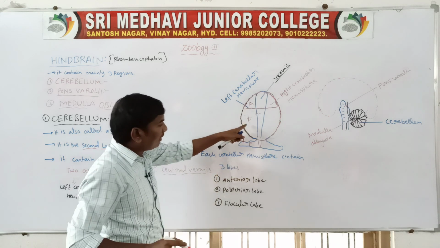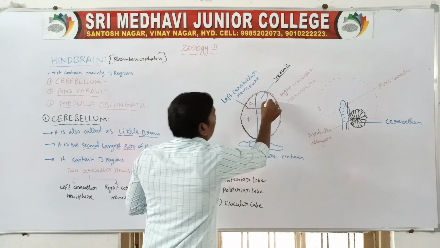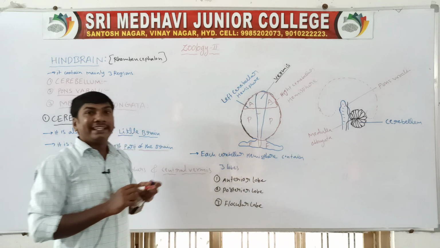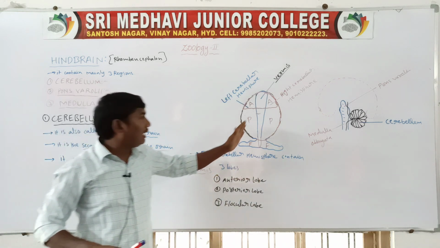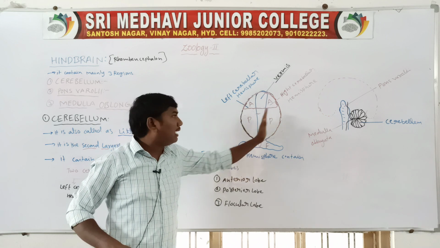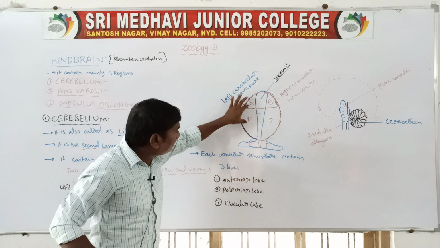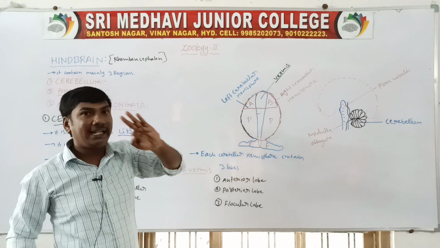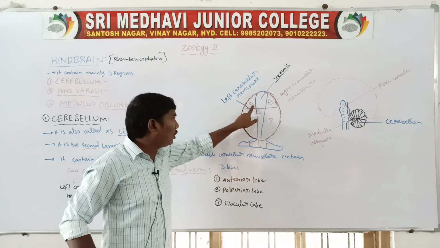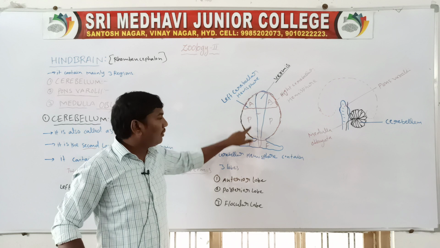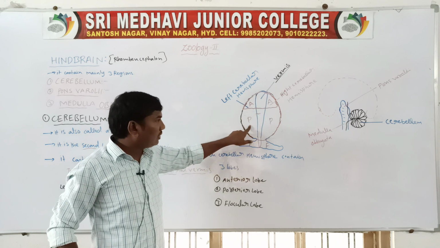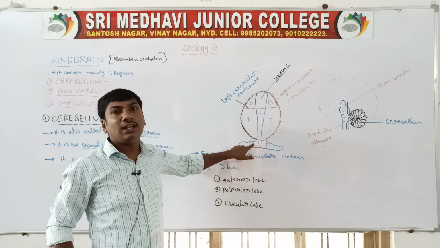Each cerebellar hemisphere, left and right, contains three lobes: first the anterior lobe, second the posterior lobe, third the floccular lobe.